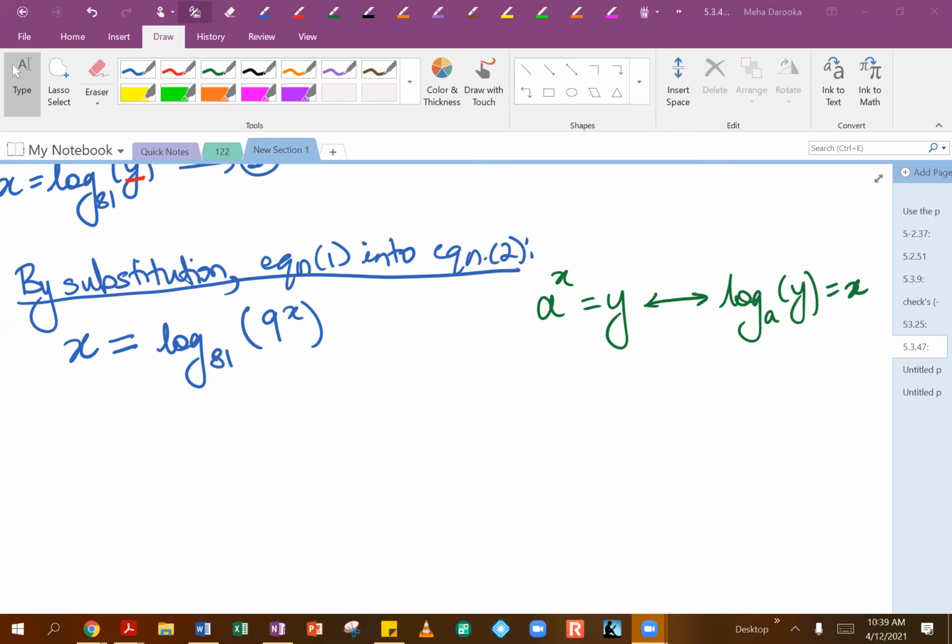So yeah, very nice, guys. Remember, you take the base of your logarithm, which becomes the base of your exponential function also. And then remember, your log is always equal to an exponent. So this single x on the left-hand side will become the exponent on 81, equal to 9 to the power of x. Very good.